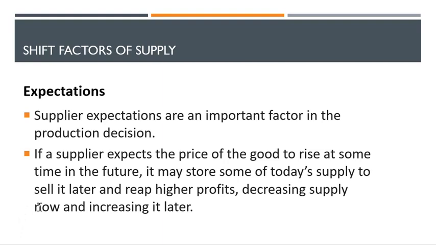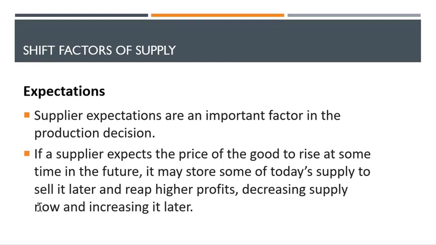Expectations. This is important because suppliers always consider how his or her product will be valued in a future period of time. If the supplier expects that the price of its good will be increased at some future point of time, then it might store some of its supply today and sell it later.